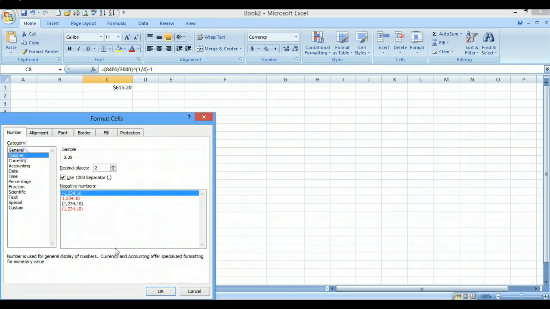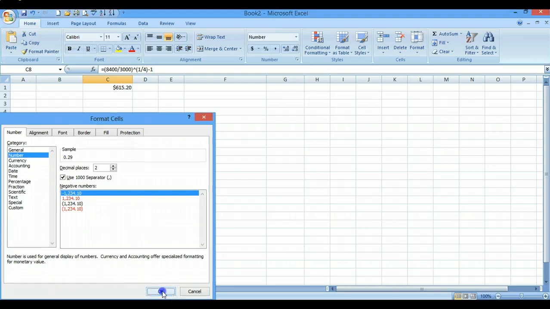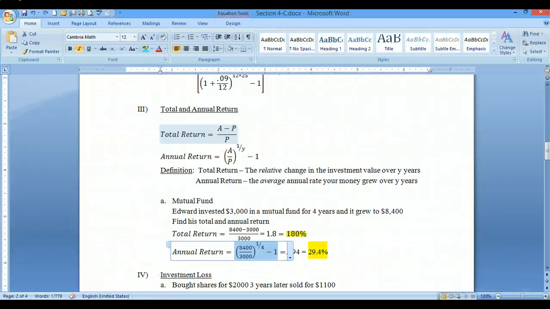In our case, we're going to go ahead and say a number, 0.294, you could have changed the decimal rounding as well, and change that to a percentage, which is 29.4%.